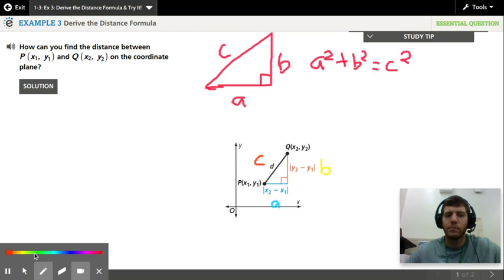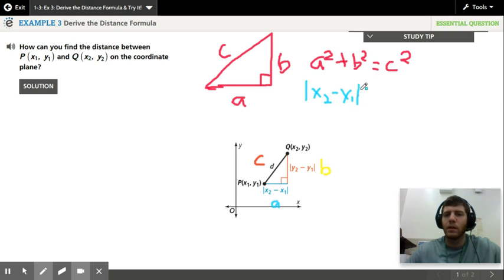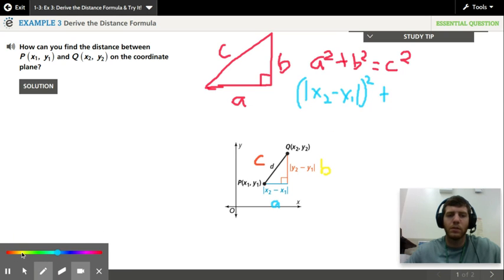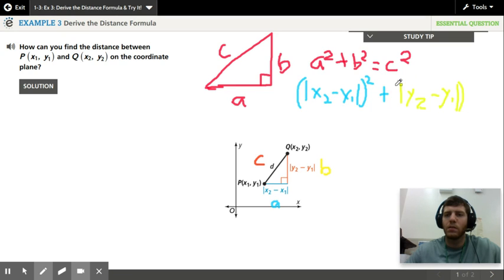So A, we had in blue here, that was the absolute value of x2 minus x1, and we're squaring it, plus, and then our B. So we can then substitute in our B. That's going to be the absolute value of y2 minus y1 squared.